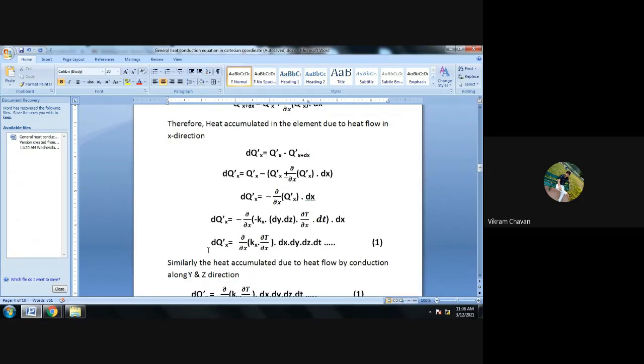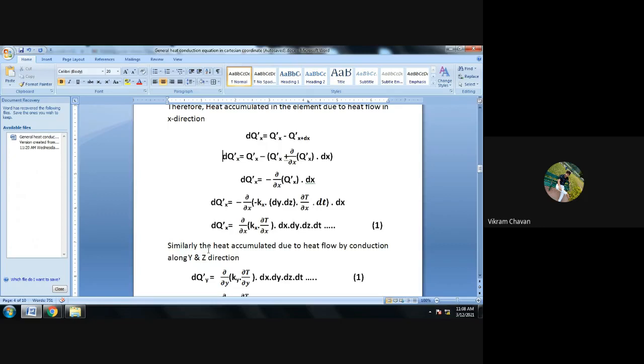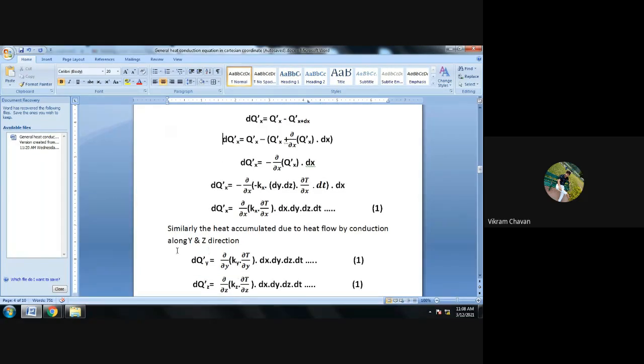In a similar fashion, we have to find the equation for dq dash y and dq dash z. Just change the coordinate and you will get that equation. So that will be the Roman 1 equation, which is the equation for the net heat accumulated in the x direction, whereas Roman 2 we are considering for the y direction, the net heat accumulated in the y direction.